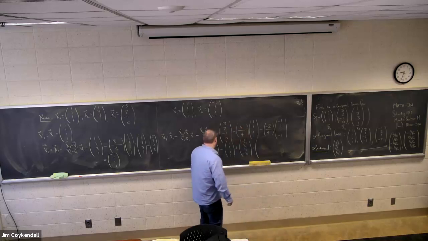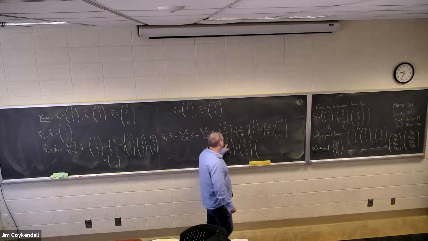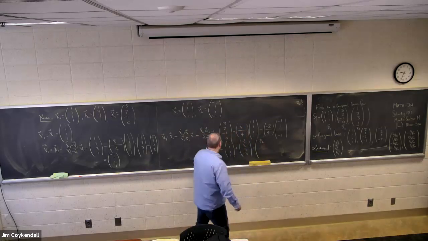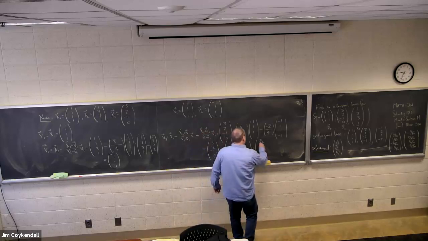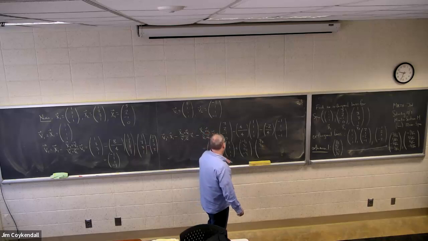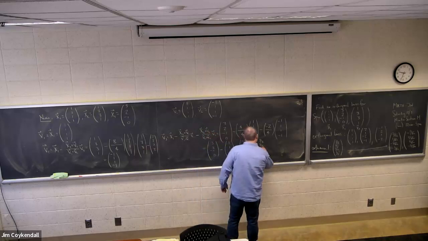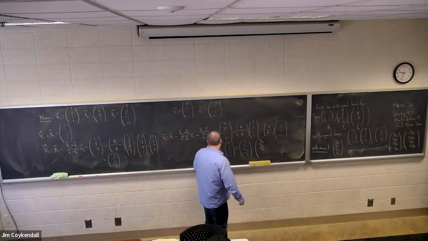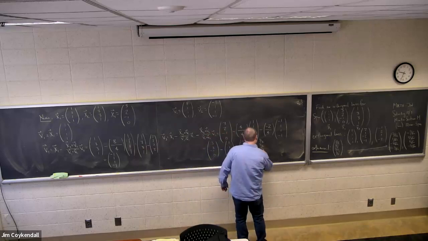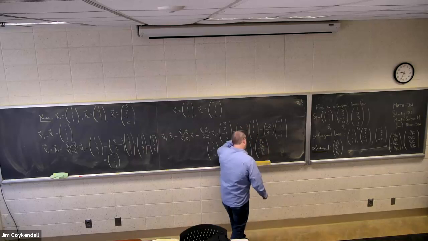So I get 3 minus 1 is 2, minus a half is 3 halves. 2 minus 1 is 1 and a half, is 3 halves. Minus 1 is minus 2 and a half, minus 3 halves. And so that's going to be minus 1, minus a half is minus 3 halves. So there's the final one.